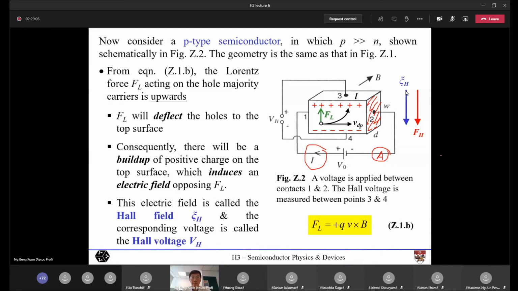Under what condition will diffusion current take place? If you look at the basic mechanism of diffusion, it requires a concentration gradient in the semiconductor. So there must be some imbalance in the carrier concentration. If that's there, then you will have the effect of diffusion.